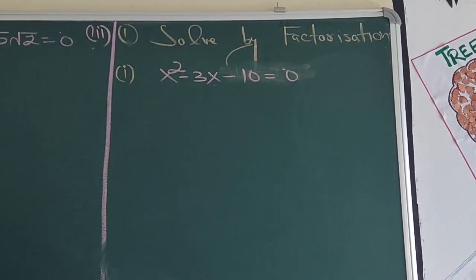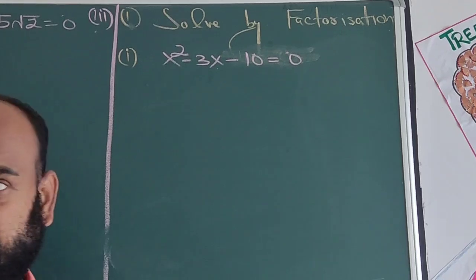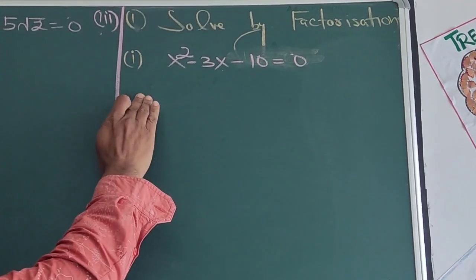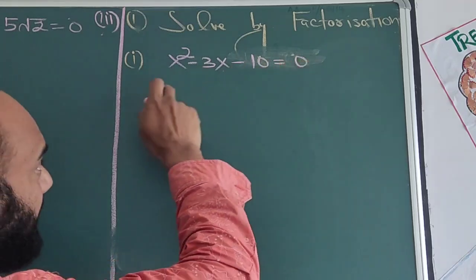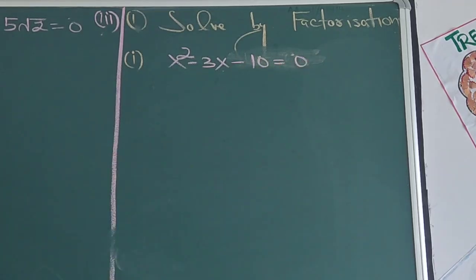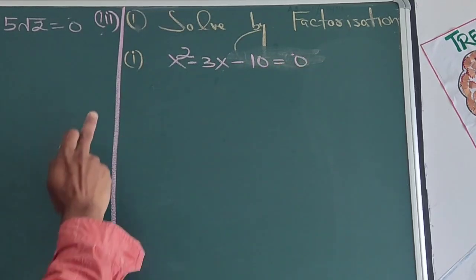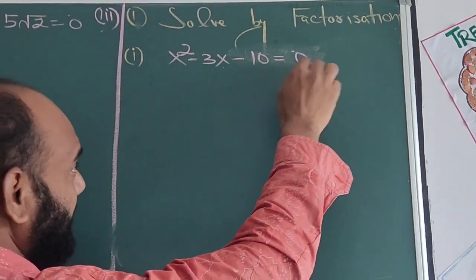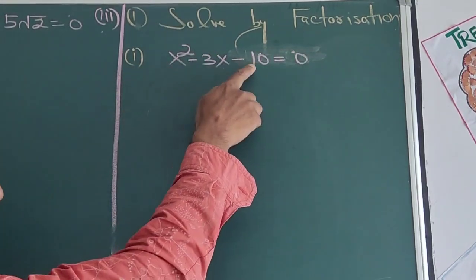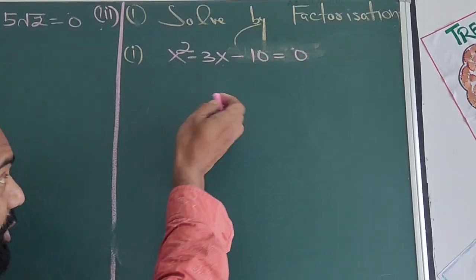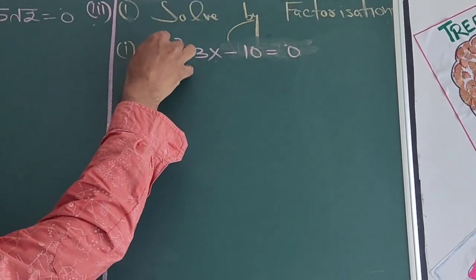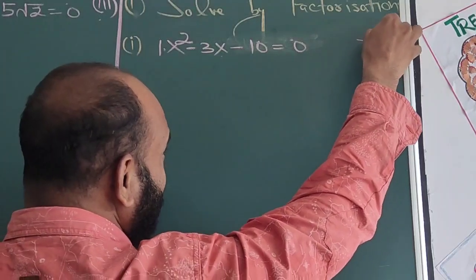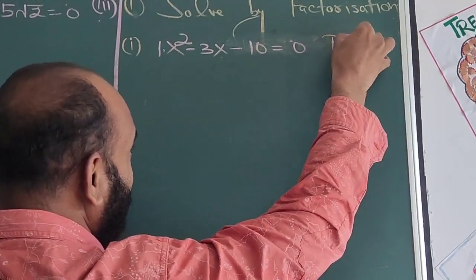And the method of factorization we read already in the lower classes, and we know in this method, first of all we multiply the coefficient of x square and the constant term. So we get 1 multiplied by minus 10, because the coefficient of x square is 1. So 1 multiplied by minus 10 is equal to minus 10.